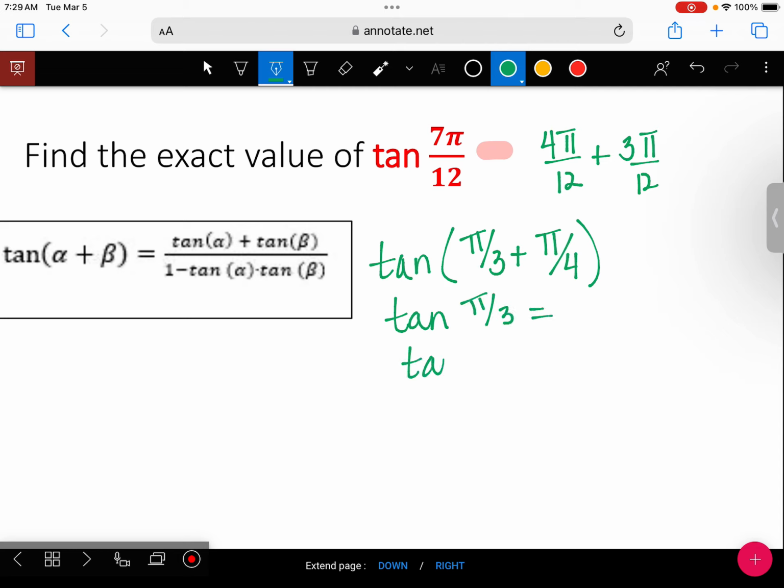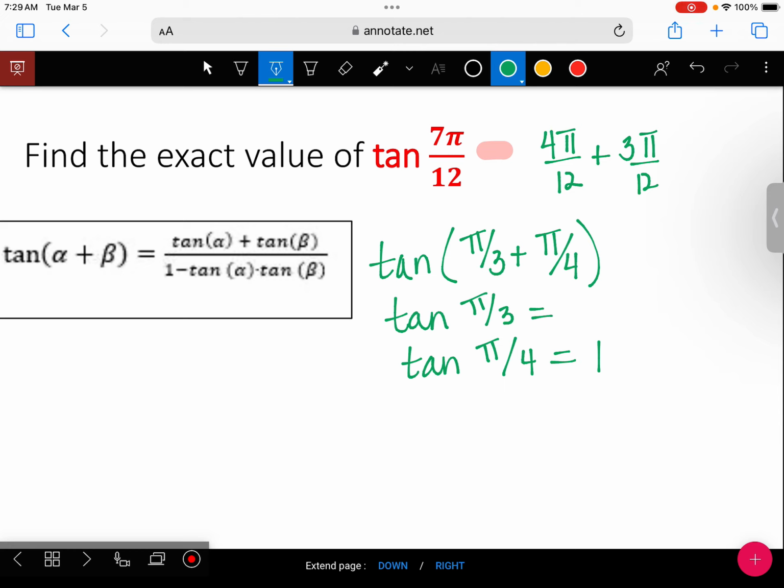And we need to know the tangent of pi over 4. Well, pi over 4 is pretty easy, right? What is the tangent of pi over 4? That's 1. So we can write that down. Pi over 4, you have root 2 over 2 divided by root 2 over 2, which gives you 1.